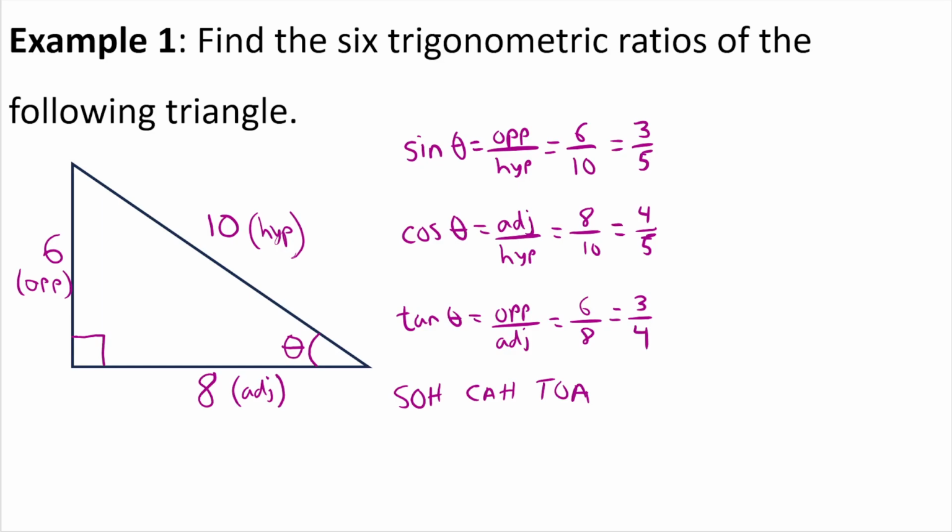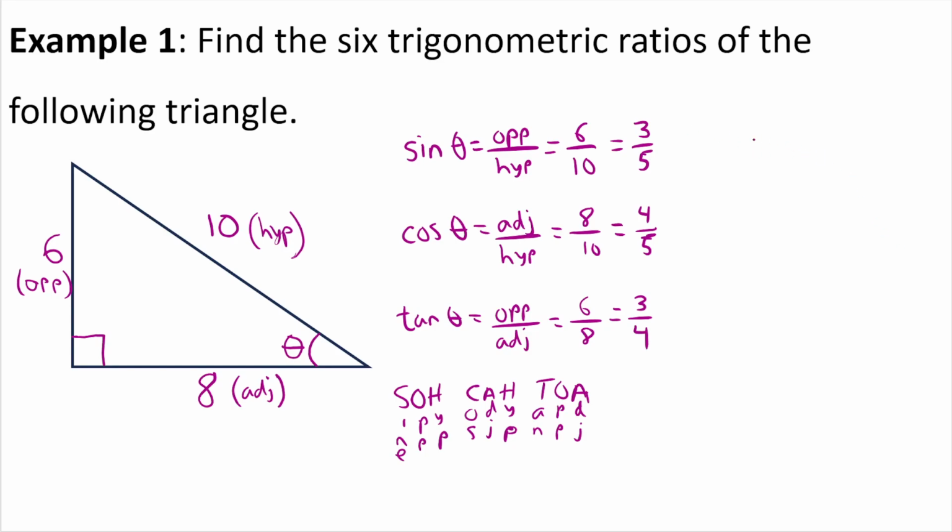Sine is the opposite and the hypotenuse. I'm just writing it vertically because it makes more sense. The cosine is the adjacent and the hypotenuse, and tangent is opposite over adjacent. So this is the mnemonic SOHCAHTOA in case you need to remember it.